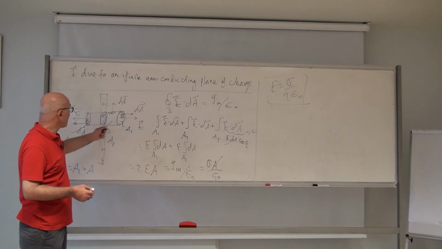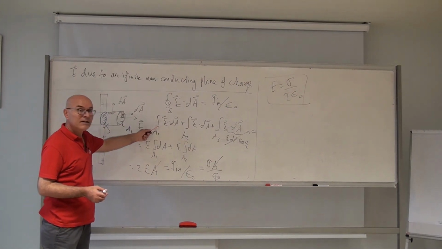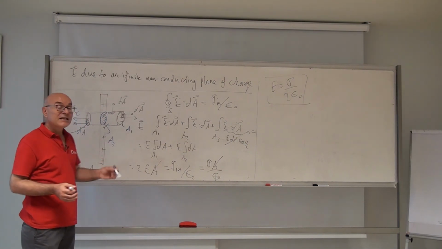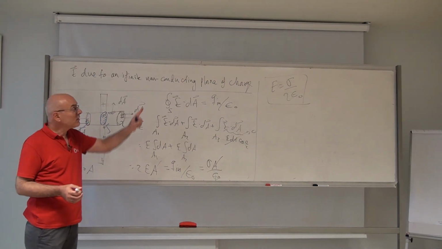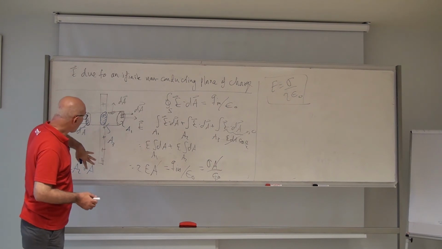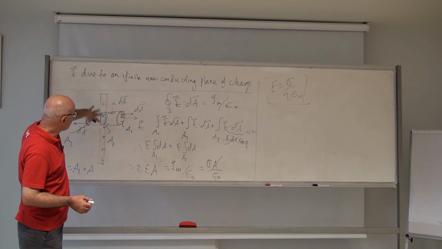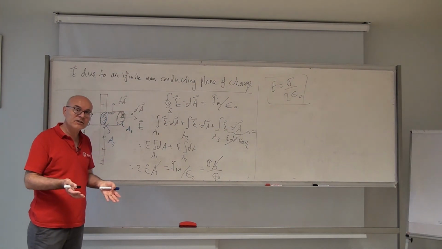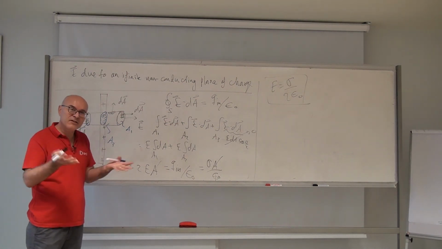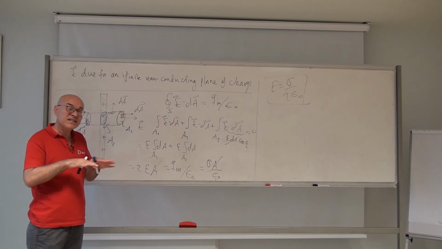So whether you are here or here or here, the electric field doesn't change. It depends only on the charge density. The more densely the plane is charged, the higher the electric field. This is the only factor.